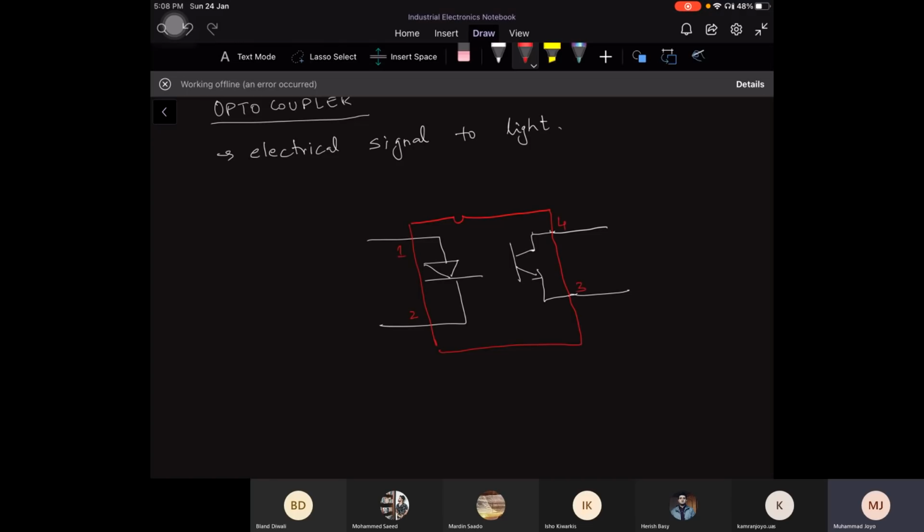Usually an optocoupler comes in a 4-pin package. Inside the IC, there is literally an IR LED or any other LED. At the input side, you provide a signal to it. It translates that signal into light, and on the basis of that, the transistor gets biased. You get a switching signal at the output side.